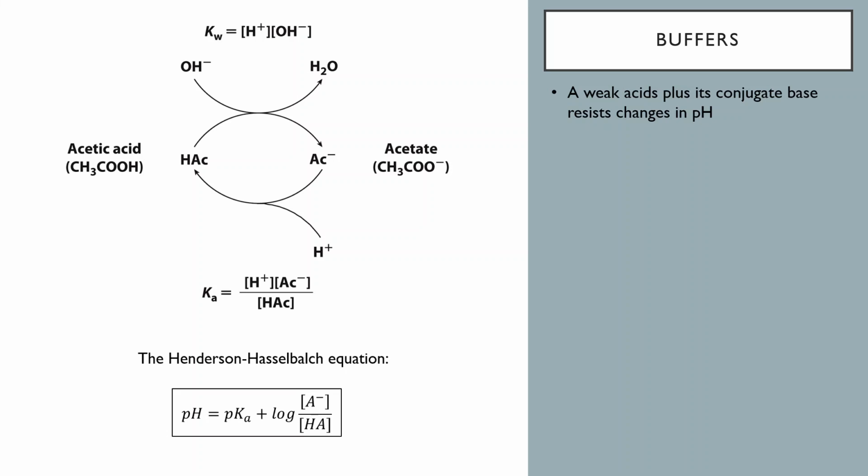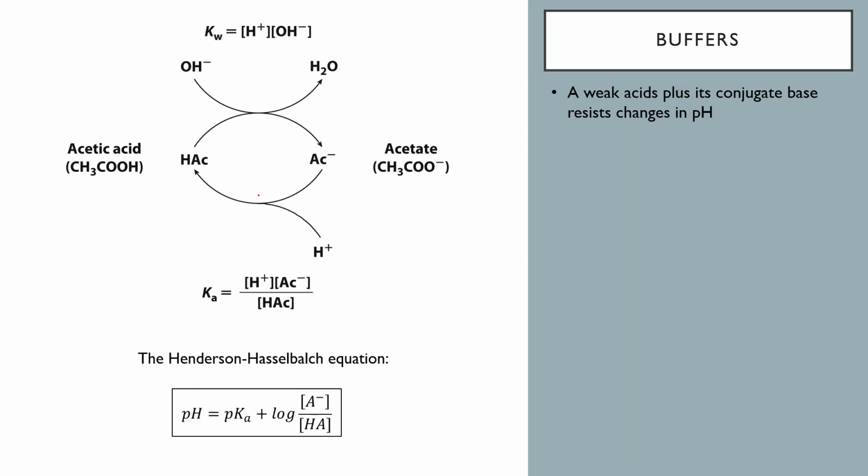And the reason for that is due to the fact that, again, a weak acid and a weak base have their own dissociation or equilibrium constant that they must obey, and then water has its equilibrium constant that it has to keep to. So let's say you have an equimolar solution of acetic acid and acetate.